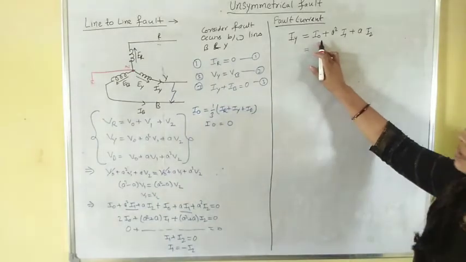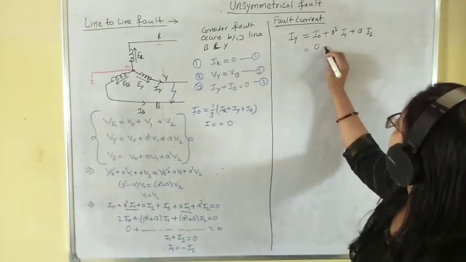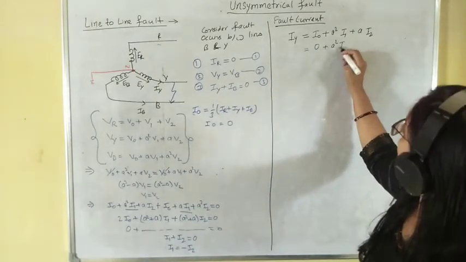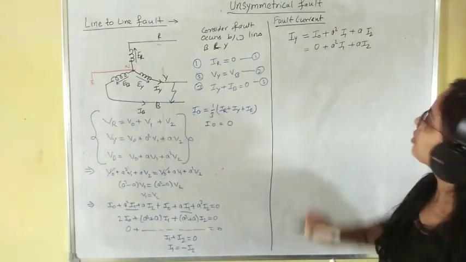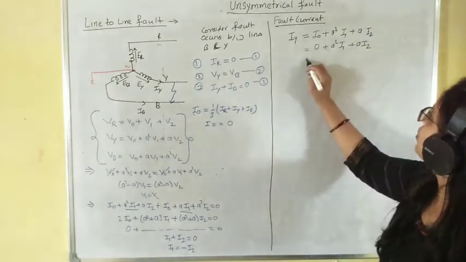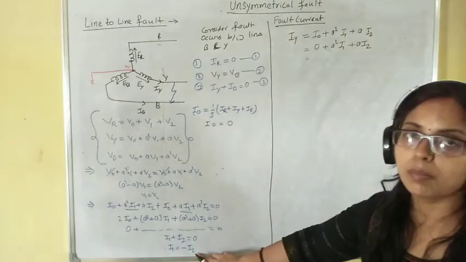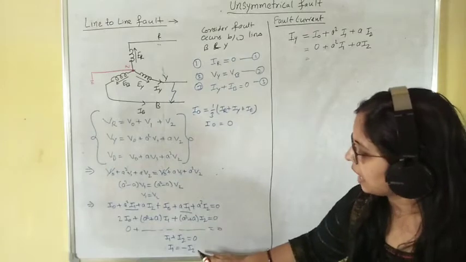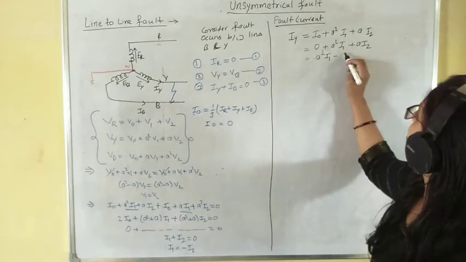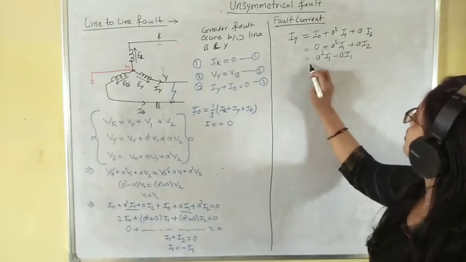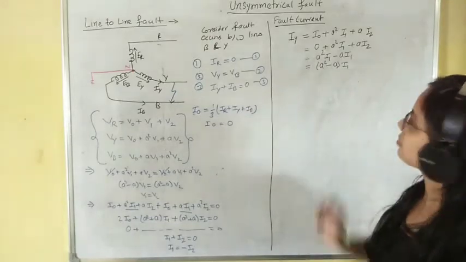Here we know that I naught is 0, plus A square I1, which we don't know yet, plus A I2. But we know the I1 I2 relation: I1 is equal to minus I2, or I2 is equal to minus I1. So here we can write minus of I1. That means this fault current is equal to this term.